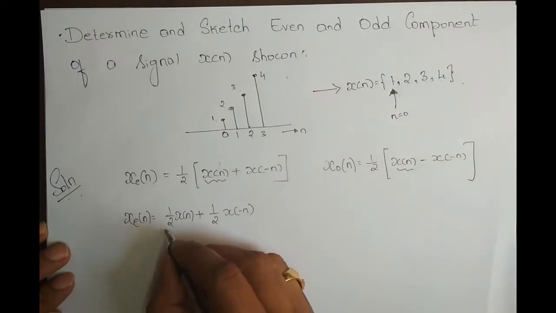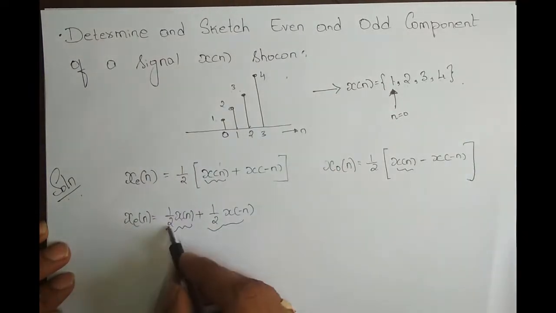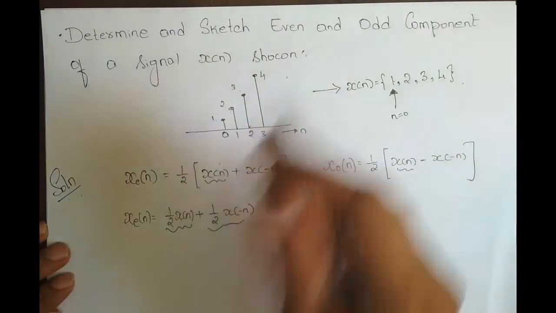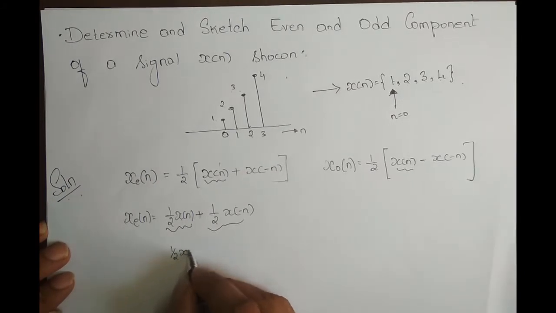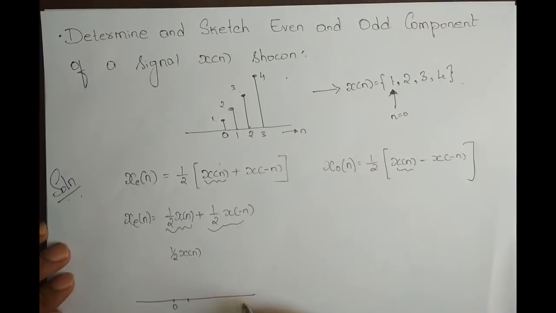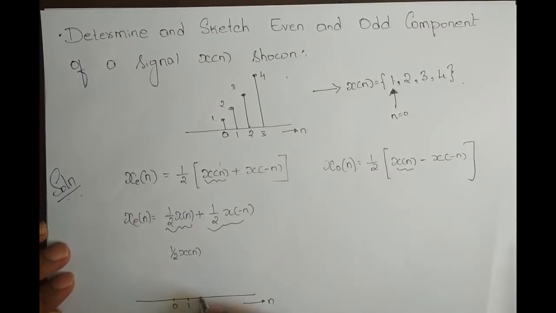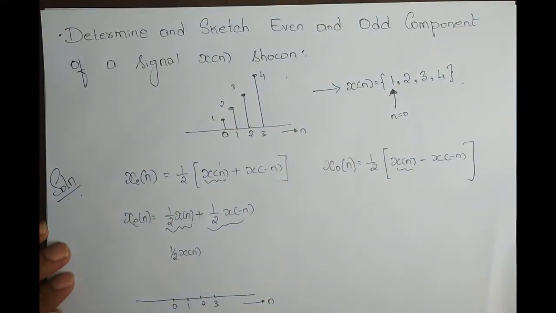What I need is half of x of n and half of x of minus n. What do you mean by half of x of n? All the amplitudes in x of n are scaled by a factor of 0.5, right? So if I try to sketch half of x of n, don't touch the independent variable n, it remains the same, whereas the dependent variable, the amplitude, is getting scaled by 0.5.